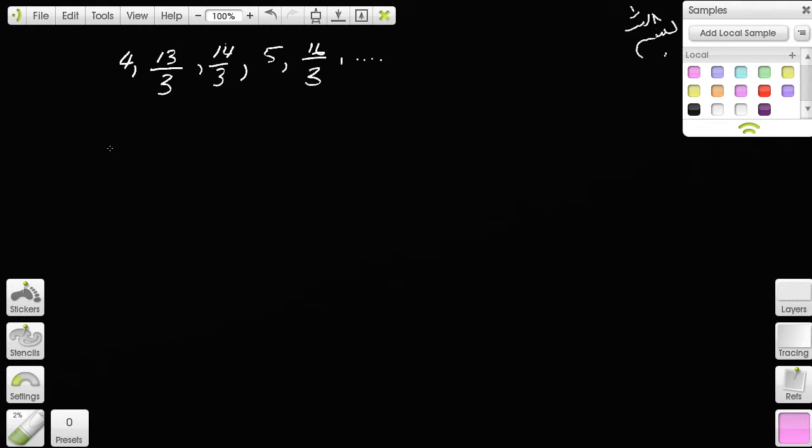Okay, if this is an arithmetic sequence, then it must have a common difference, and that's typically d, as you recall. So I'm going to do this on a calculator. Let me get my handy dandy calculator here.